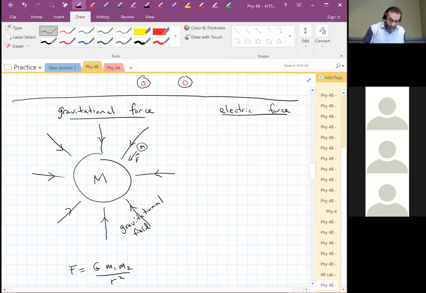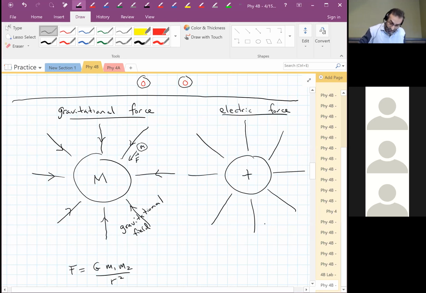And for our electric force, we're going to do the same thing. We say an object with charge fills the space around it with an electric field. And any other object with charge in the presence of that electric field interacts with that field, and it feels a force because of that interaction. What direction do our field lines point?